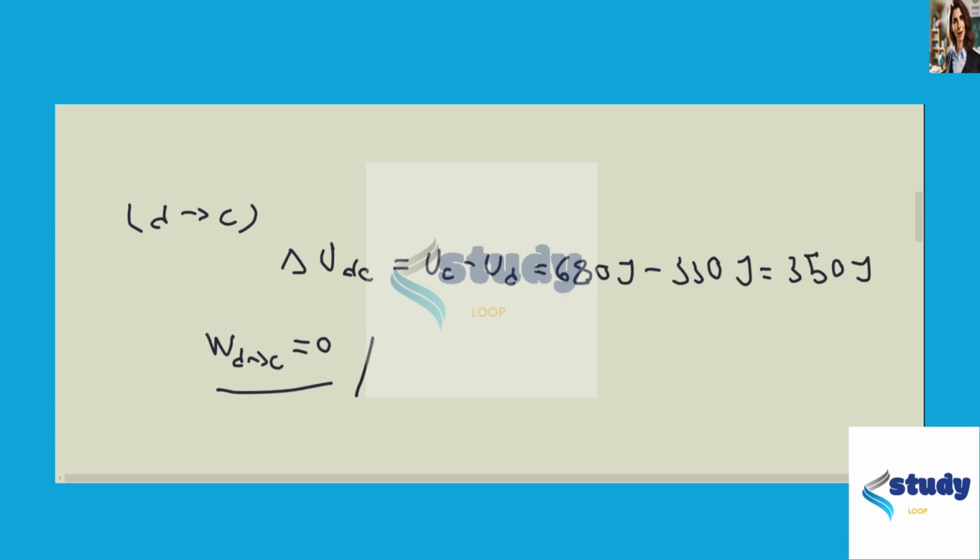So, finally, Q DC, the heat from the first law of thermodynamics, equals the internal energy change plus the work done, which is just the internal energy change. Substituting the obtained value, the heat corresponding to this process is 350 joules.